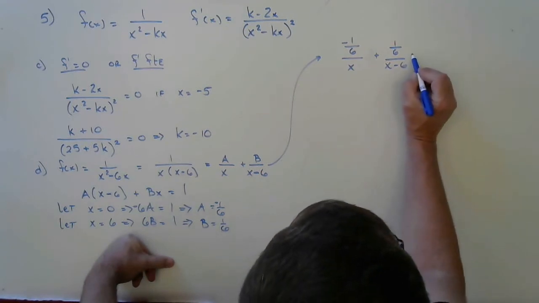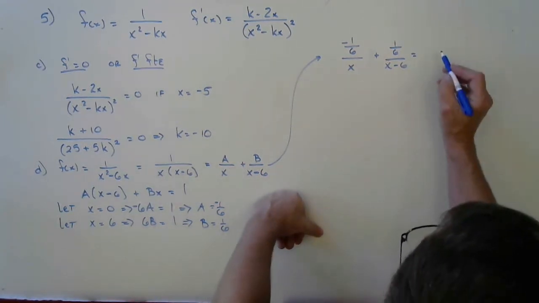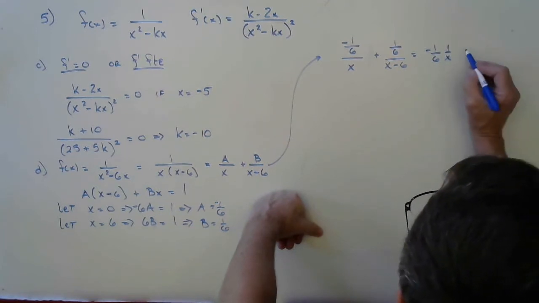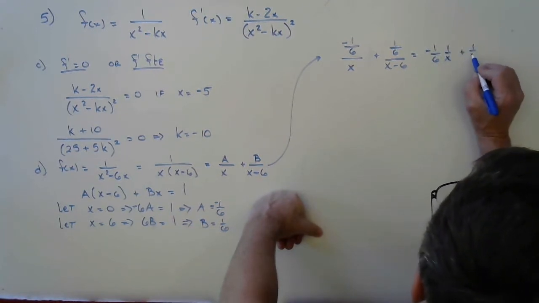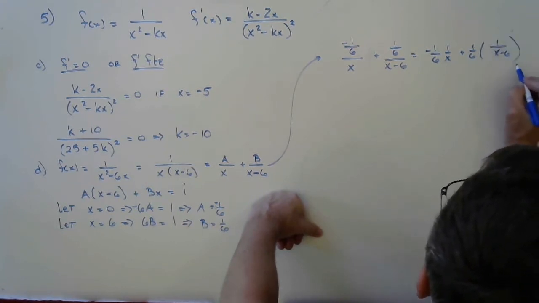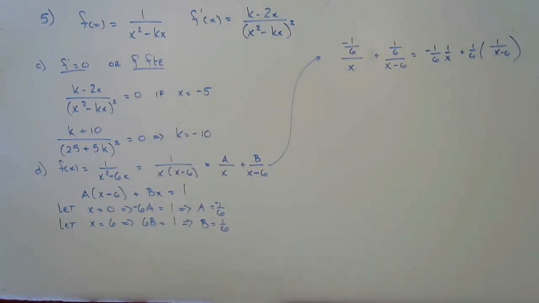So what do we really have here, right? We really have negative 1/6 times 1 over x plus 1/6 times 1 over x minus 6, and that's our partial fraction decomposition, right?